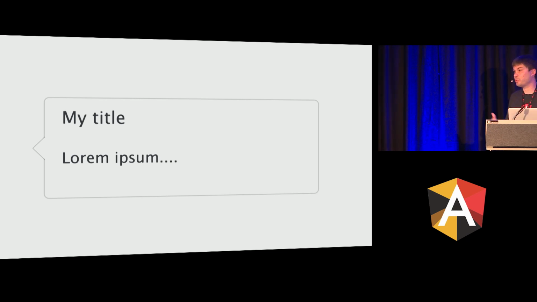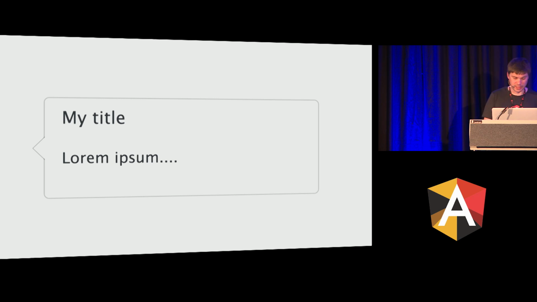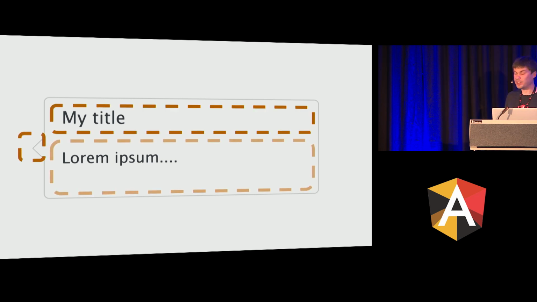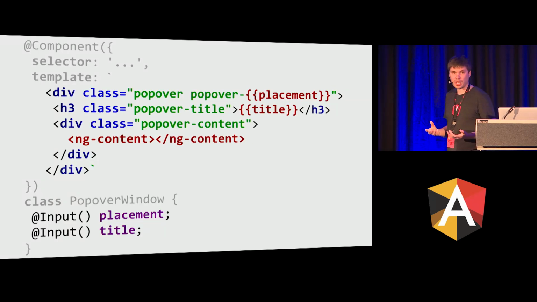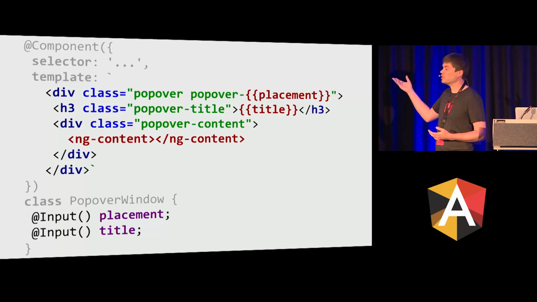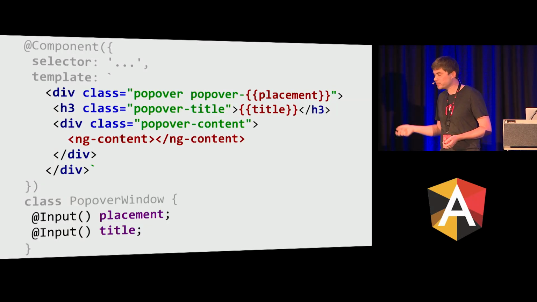I would have to write a popover window for each and every popover which I want to open, which is not very exciting. So what we want to do is to make those things dynamic, right? And you know how to do it. I would just take my component with the hard-coded stuff and replace hard-coded things with bindings. It's very simple for title, very simple for placement.